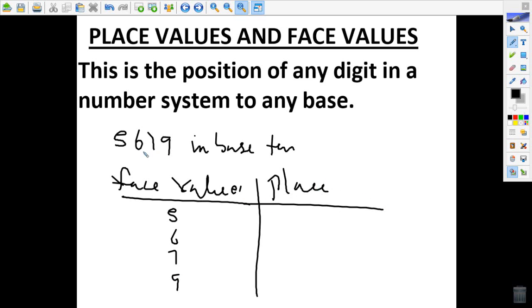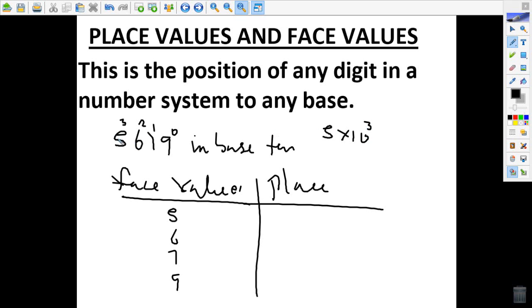Now, when we talk about the place value, remember we say this is in base 10, and we say the number in base 10 starts from 0 to 9. So when we are arranging the numbers now, you have to start from the last: 0, 1, 2, 3. Since the operation is in base 10, our 5, the first digit, we're going to multiply by the base power 10.